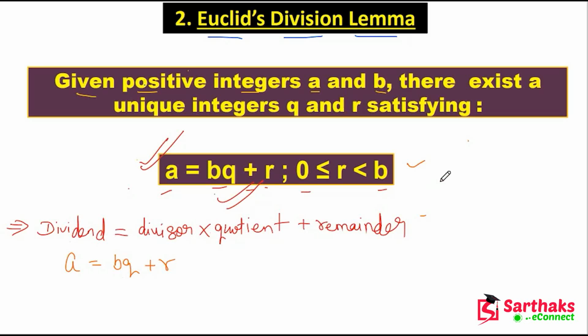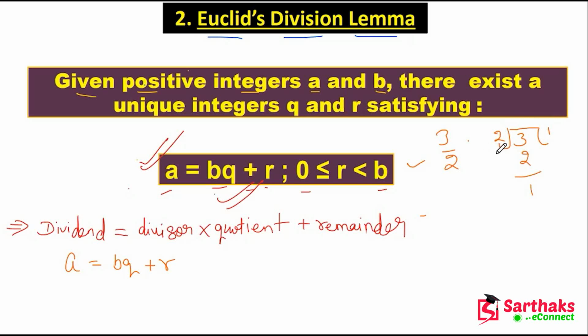Let's suppose we have an example like 3 upon 2. Now if we divide 3 by 2, we can write here 3 is the dividend, which comes under this part, and 2 is our divisor. Now 2 ones are 2, and we get the remainder 1.